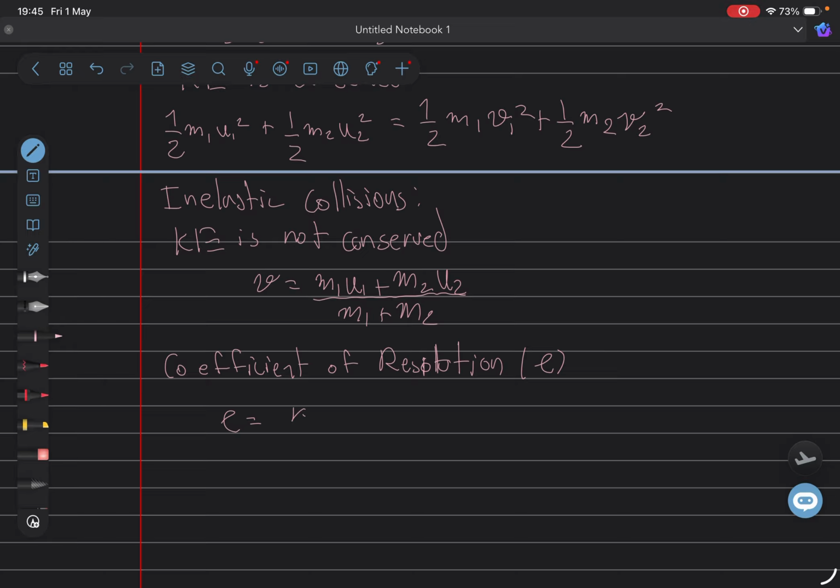So e is the relative speed after over the relative speed before. If e equals 1, it'll be perfectly elastic. If it's between 0 and 1, it'll be inelastic, which most collisions are. And if e equals 0, it'll be perfectly inelastic, which is the case I talked about when the objects have the same velocity and stick together.